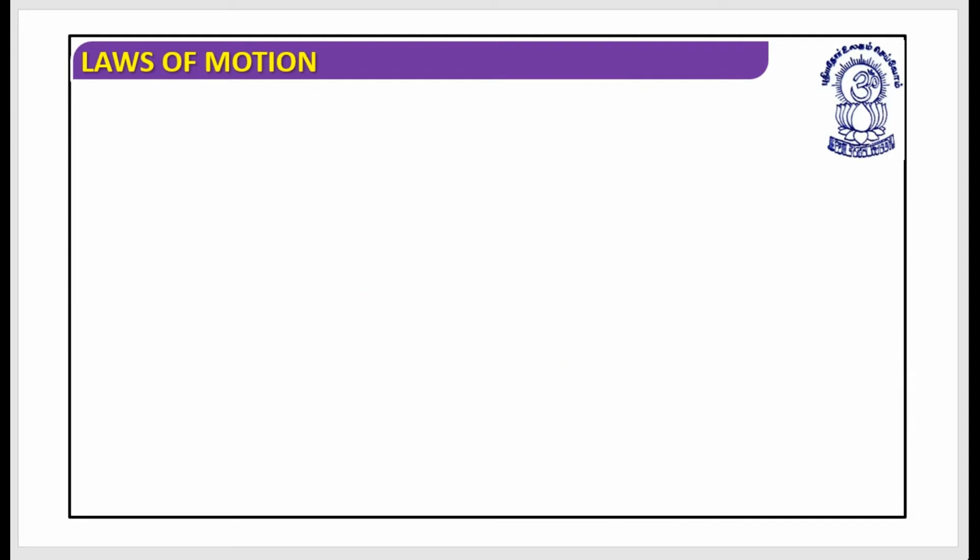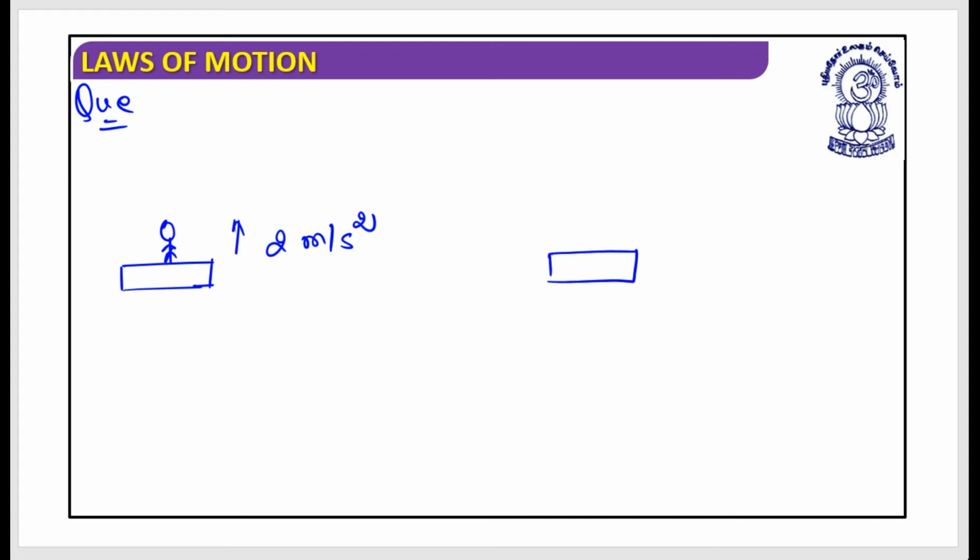But if I add something to this question, let's suppose this person is moving upward with an acceleration of 2 meters per second square, and now it is going to move in the downward direction with the same acceleration of 2 meters per second square.